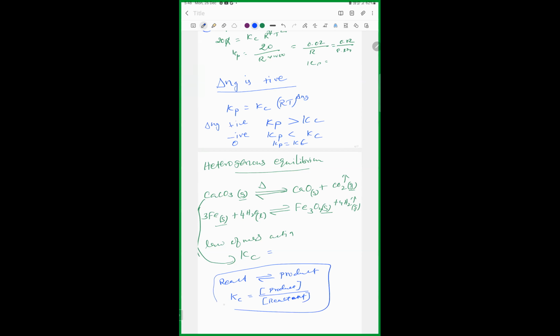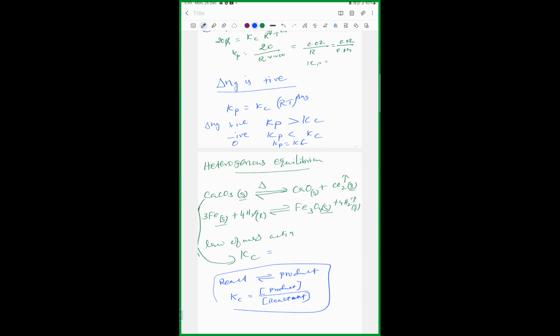According to that, for equation 1, what is the product concentration?